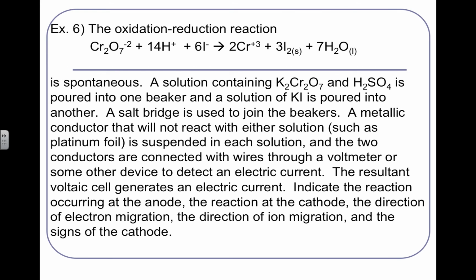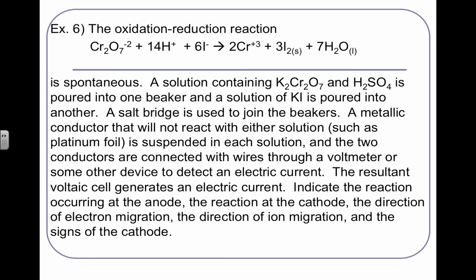Okay, here's our next one. An oxidation reduction reaction, where we have dichromate reacting with hydrogen and iodide to form chromium-3, iodine, and water, and it's spontaneous. A solution containing potassium dichromate and sulfuric acid is poured into one beaker, and a solution of potassium iodide is poured into another. A salt bridge is used to join the beakers.